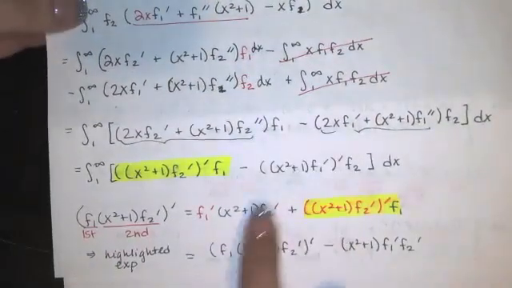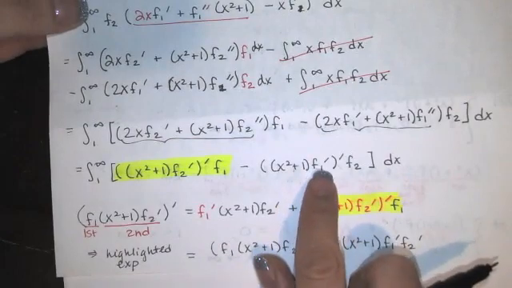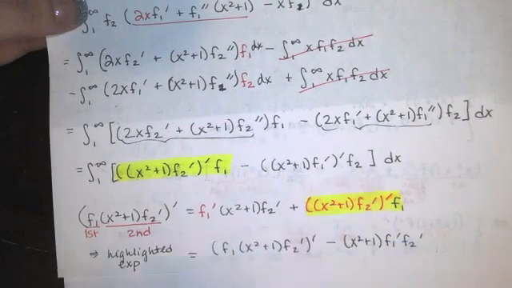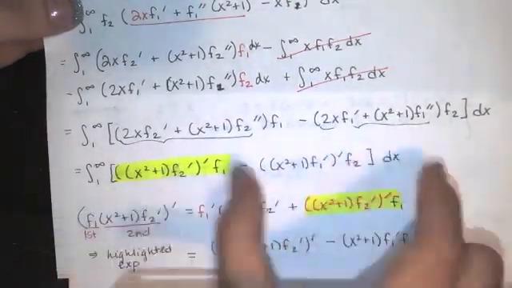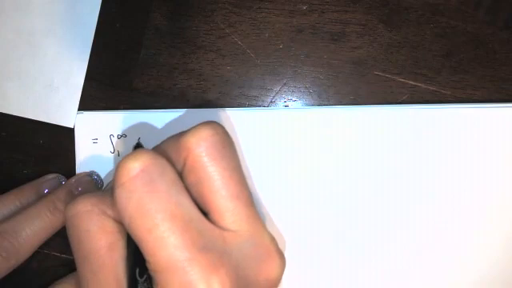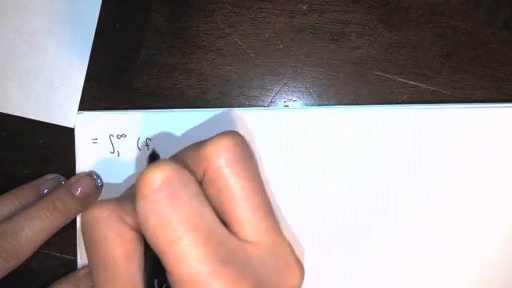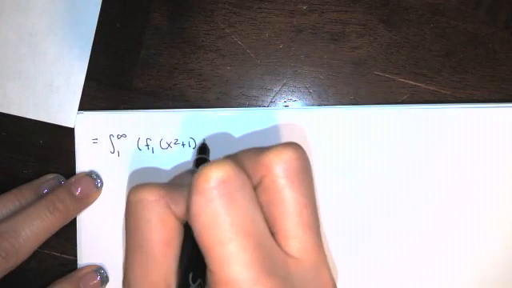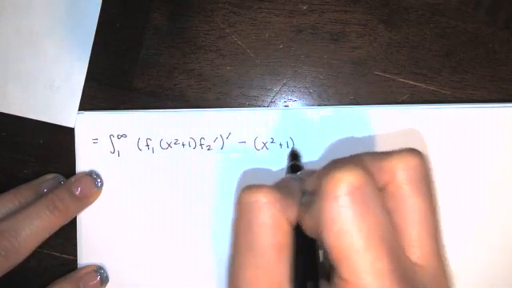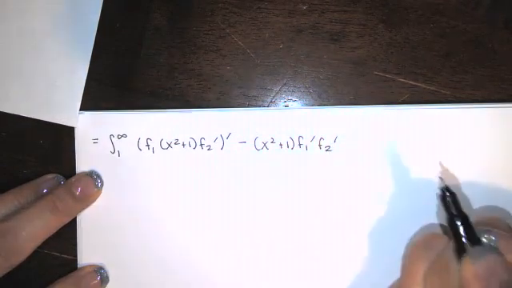And of course, this looks very similar, but with the opposite subscripts. Instead of an f1, we've got an f2, and instead of an f2 here, we've got an f1. So we can make the same substitution over here, just flip the subscripts. So we've got this. Excuse me, the integral from 1 to infinity of f sub 1 times x squared plus 1 times f sub 2 prime prime minus x squared plus 1 times f1 prime times f2 prime.